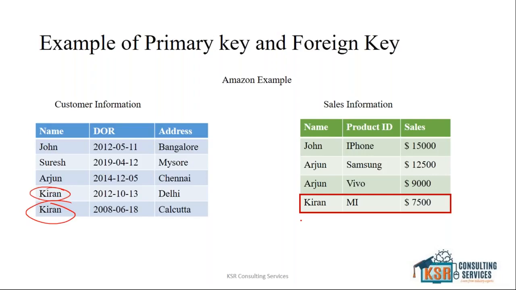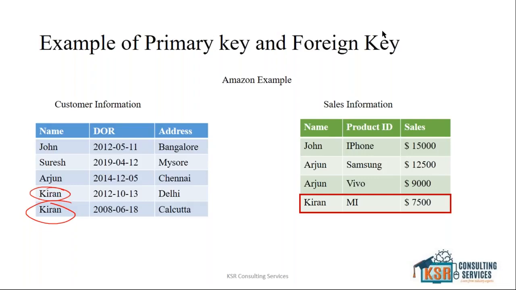By using this information, we cannot find which Kiran purchased. But by using the primary key, we will be able to tell about that person. Okay, we'll see about the second part, but you are telling it is not possible.